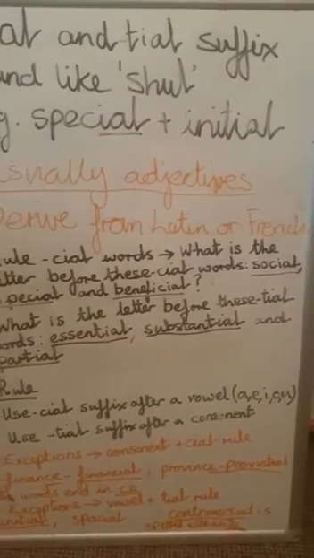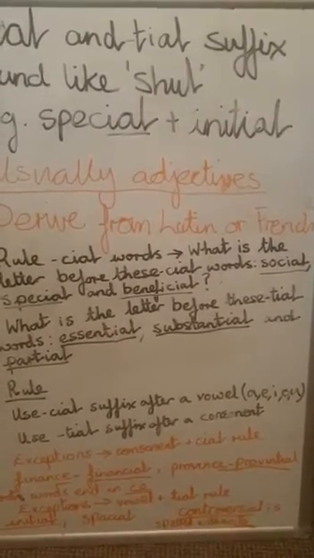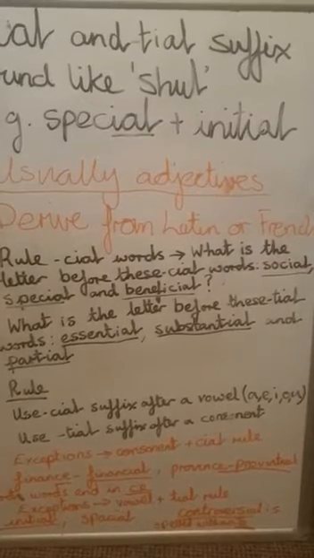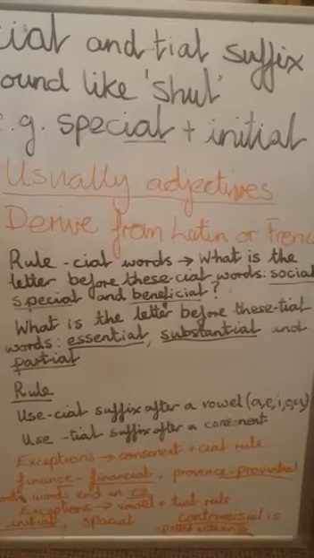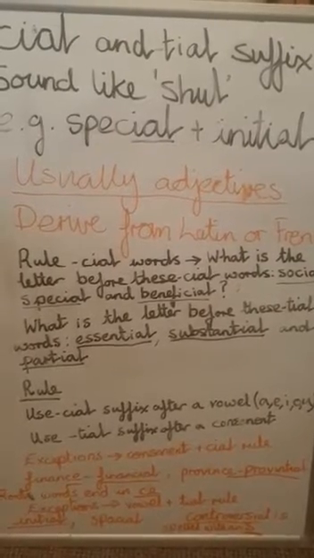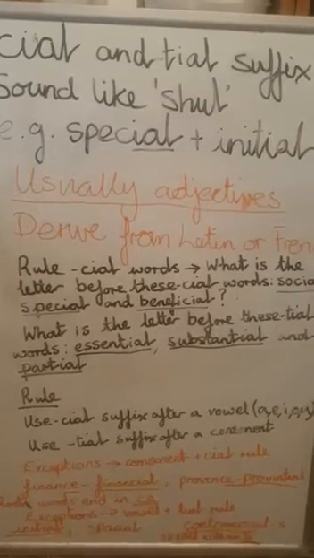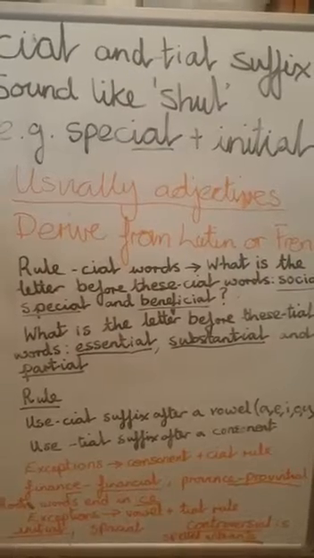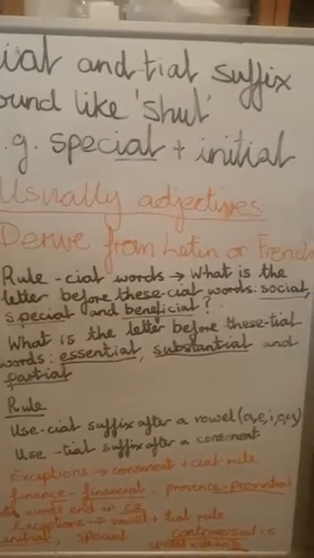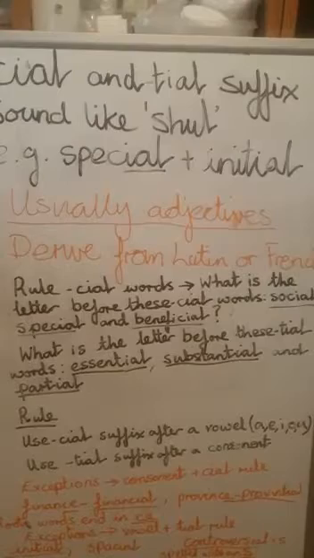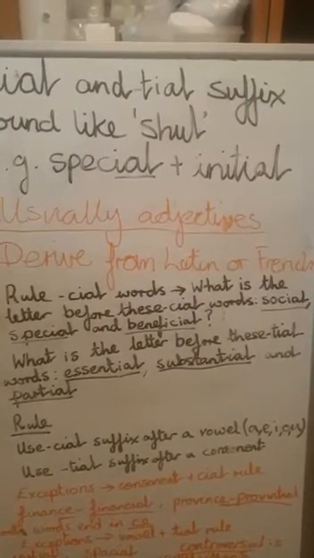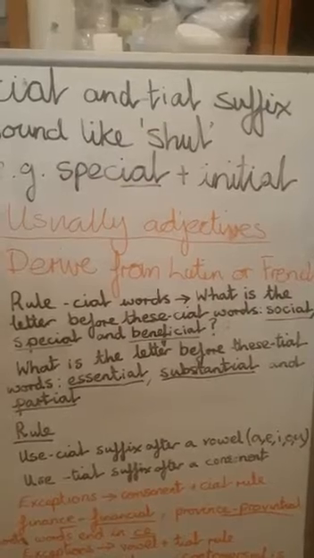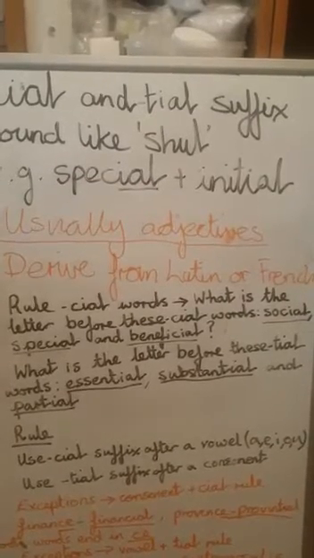In social, it's S-O, so the letter before is an O, which is a vowel. Special, it's an E. Beneficial, it's an I, sorry. So all those words have a vowel before the suffix. So the general rule is if we've got a vowel before the suffix, it's CIAL.